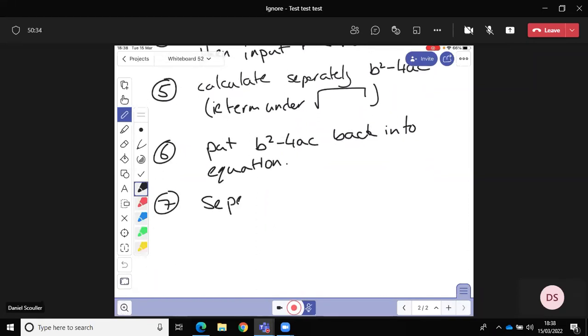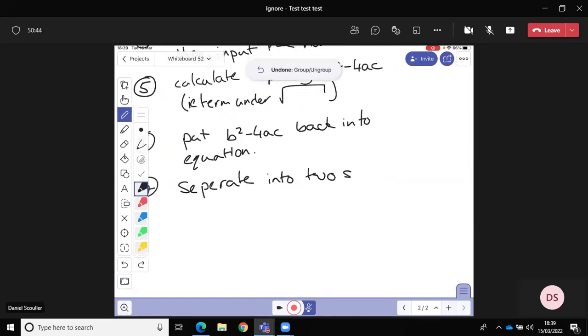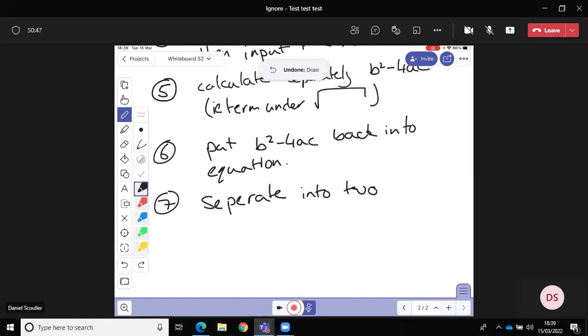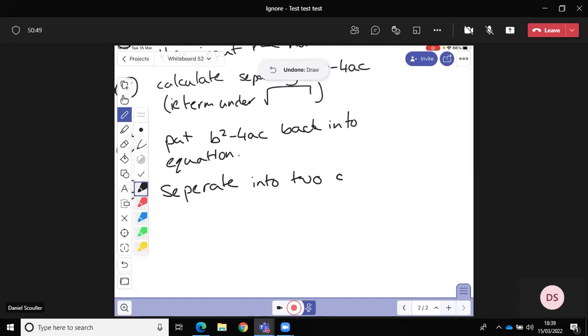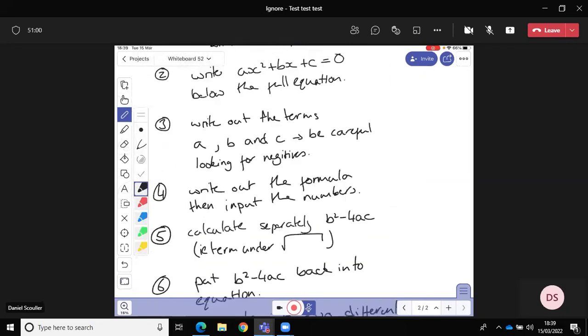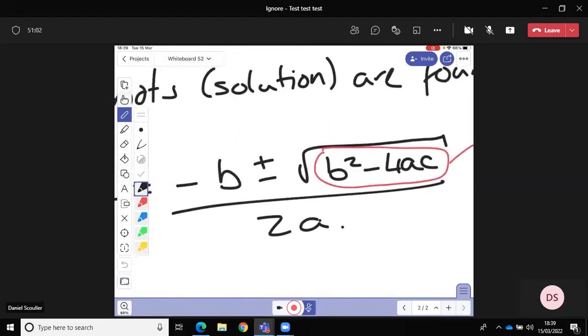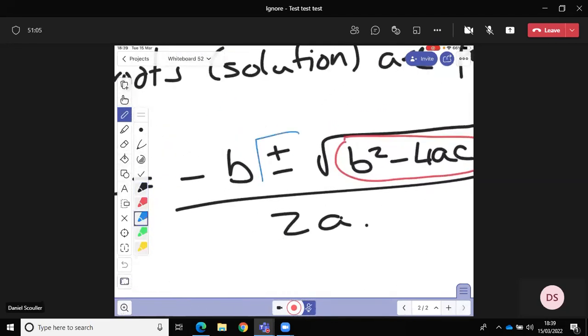Now this is an important step as well. This is a bit you do have to do. Separate into two different equations. This will make sense in a second. What I mean by that is this step here. We want to find two answers for x.